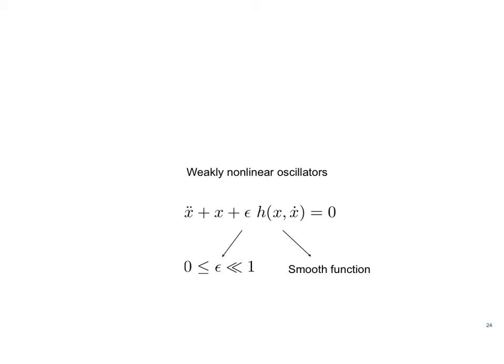So we have, for example, an oscillator. Here you have the second order derivative in time, and here the zero order derivative, and in addition there is a function that can be nonlinear in x and x dot, for example.